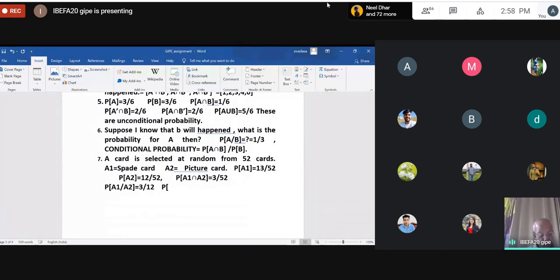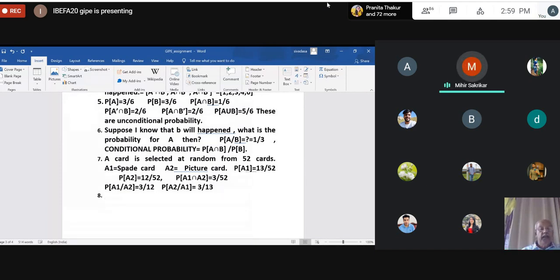Similarly, A2 given A1. You know it is a spade card. What is the probability it becomes a picture card? Clear?